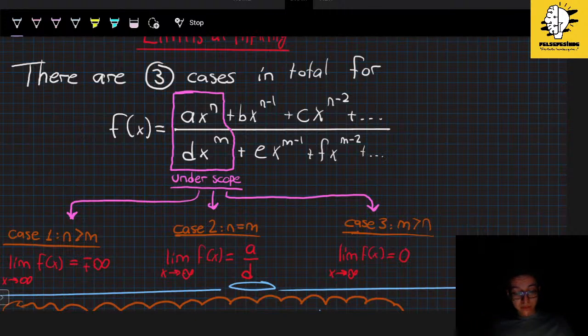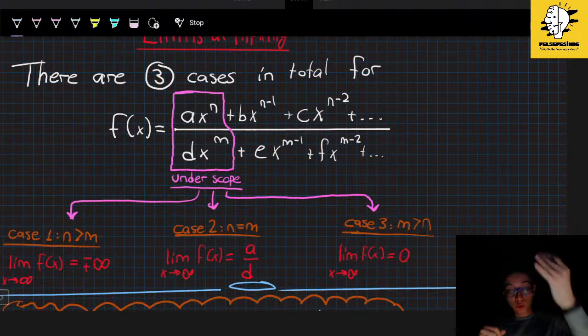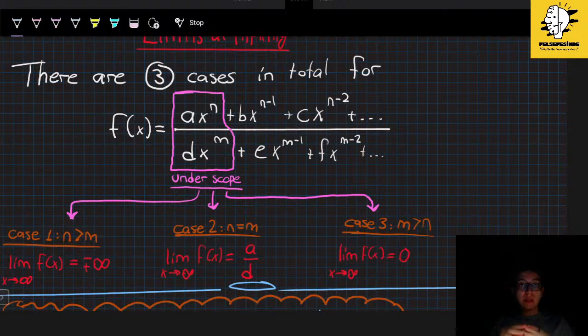Case 3: m is greater than n. This means that the denominator gets greater and greater than the numerator. This means that we are approaching 0, because our denominator gets much, much bigger than our numerator, meaning that we are dividing our result in the numerator by a much bigger result.